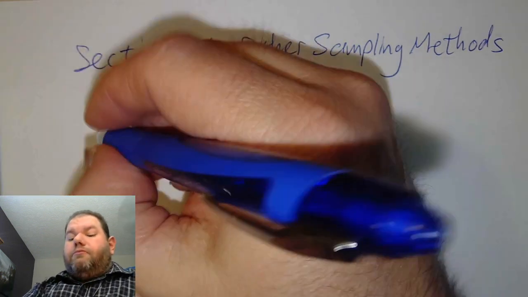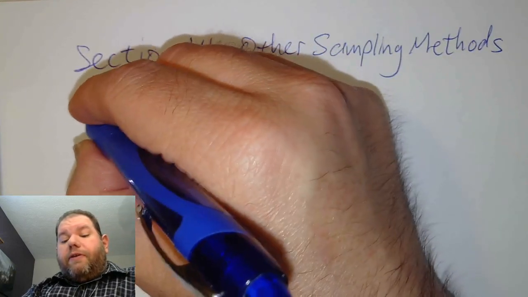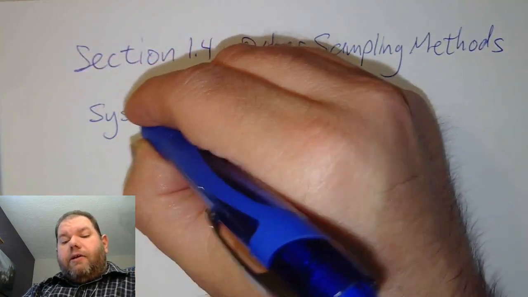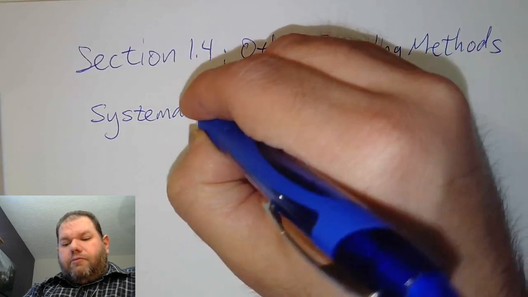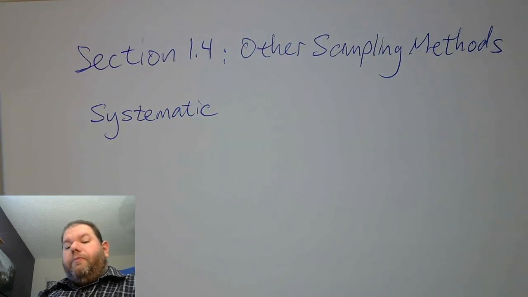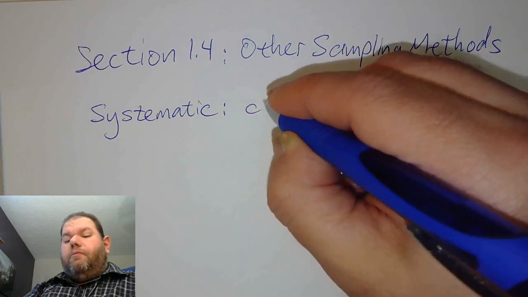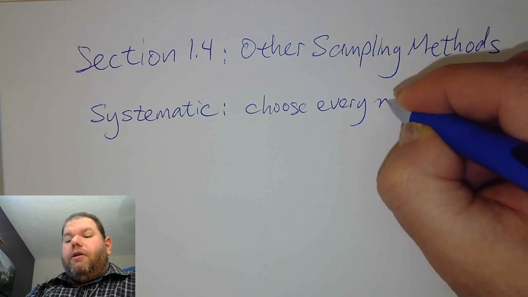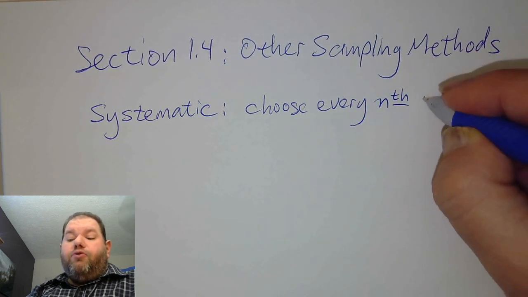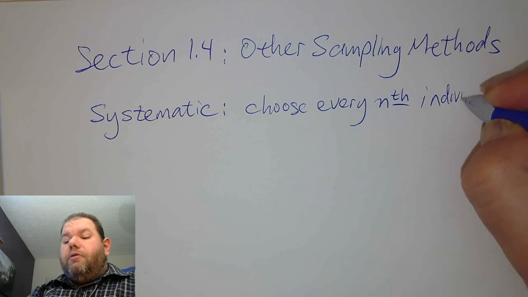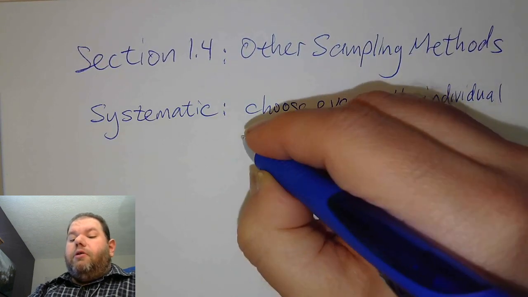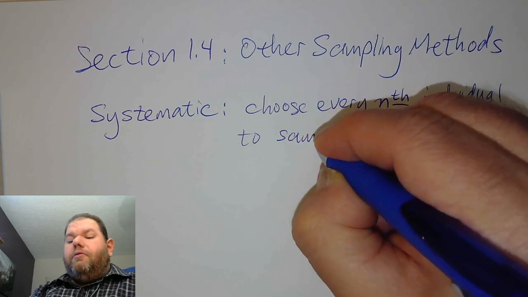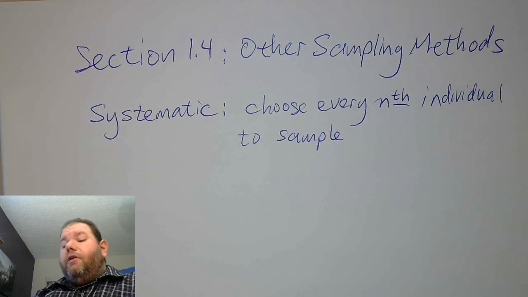So the first method that we'll talk about in this section is what we call systematic sampling. And in systematic sampling, the idea is that we choose every nth individual to sample or gather data from.